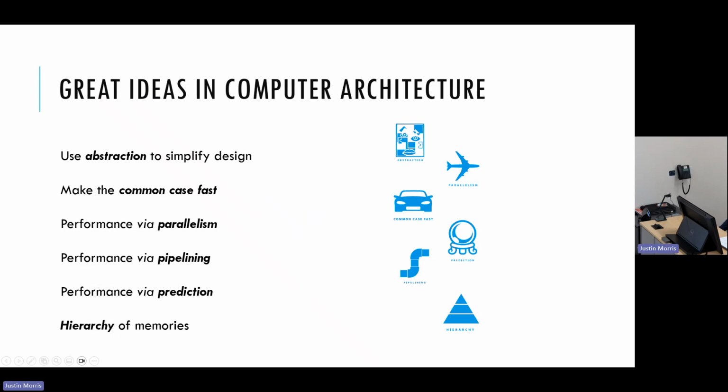And we can improve performance in many different ways. One is taking advantage of parallelism. The other is taking advantage of resource sharing, or making sure that we're utilizing every single resource all the time with pipelining. And the other is through prediction. This is more of a computer architecture performance increase. But what we'll see across digital logic designs is this hierarchy of memories.